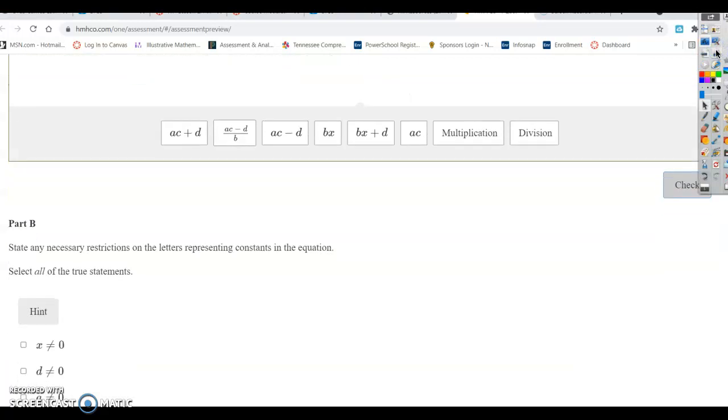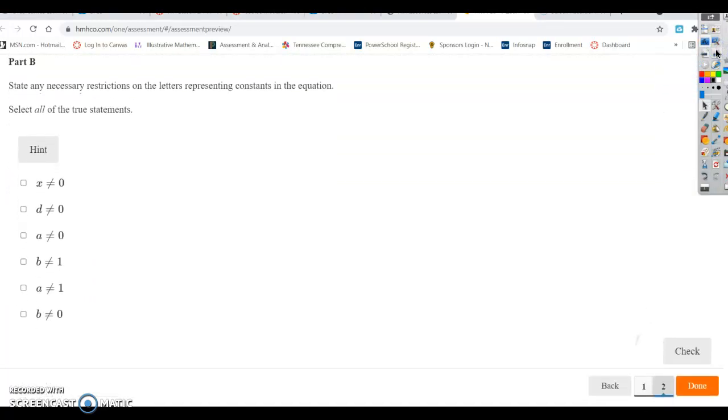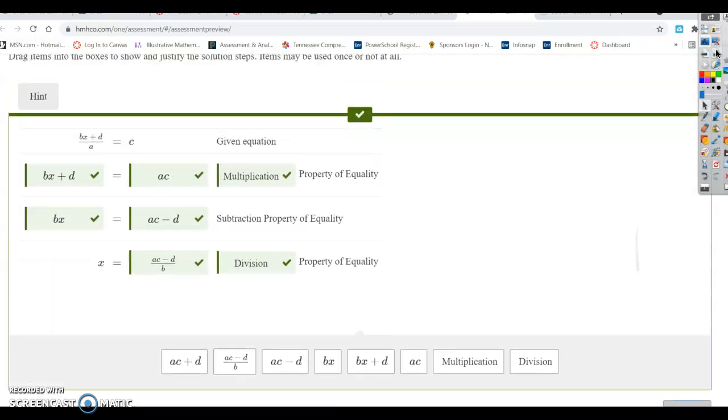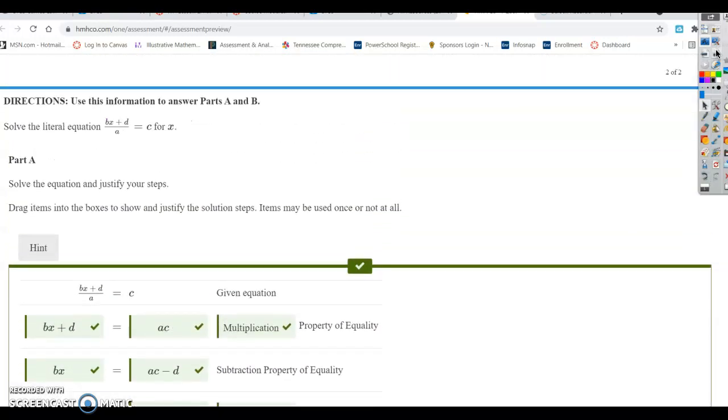Let's move on down. Select all of the true statements. These are talking about restrictions. We haven't talked about restrictions much, but a restriction comes from when you divide, like right here. Hopefully you know that you cannot divide by 0.